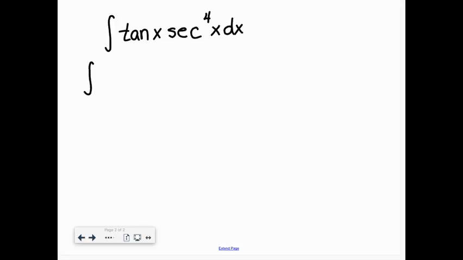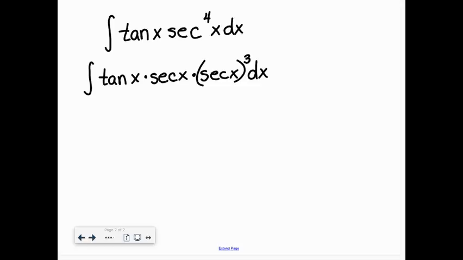I'm going to actually change this a little bit to give me a different view of it, because I'm starting to see, well, tangent secant is actually another derivative, right? Tangent times secant is the derivative of secant.